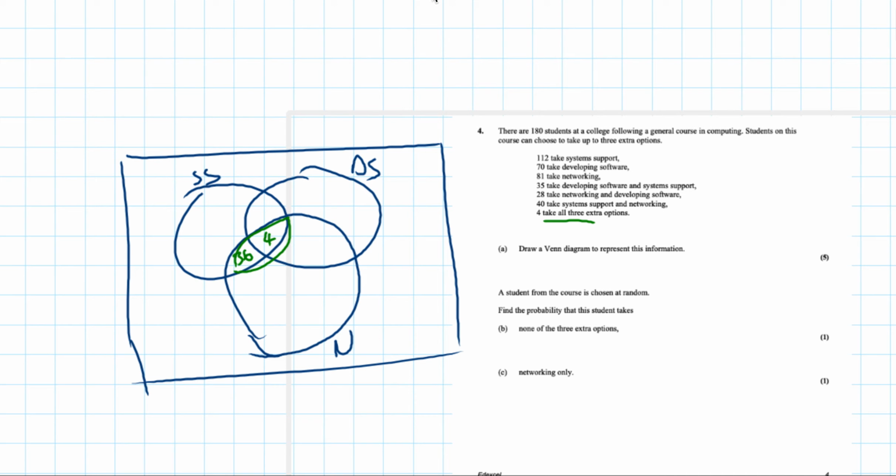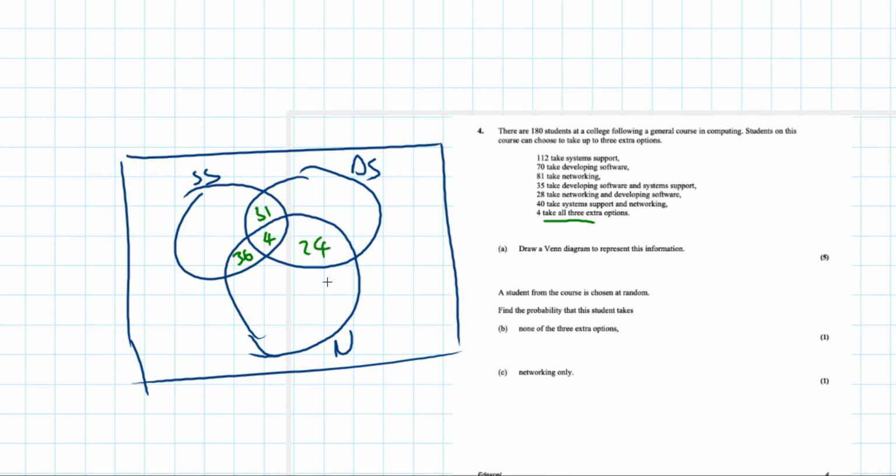So these have to add up to 40. The next one we've got is 28 are taking networking and developing software. Again, we're looking at this part. So 4 of those students are taking all 3. So we do 28 minus 4, which is 24. And then finally 35 take developing software and system support. So that means 31 just take those 2, while the 4 students take all 3.